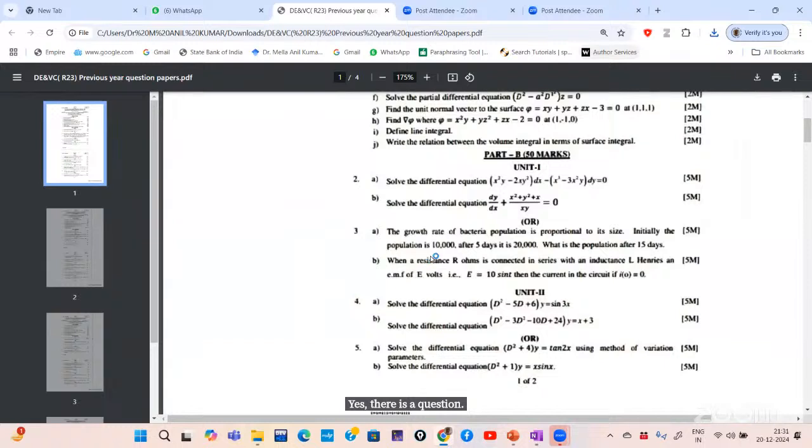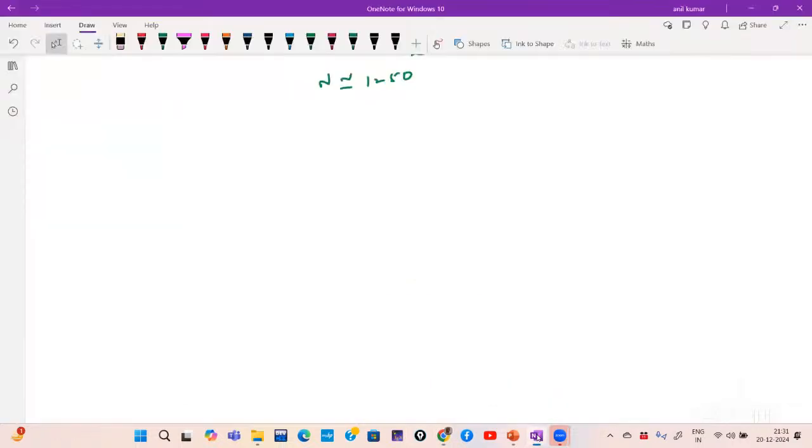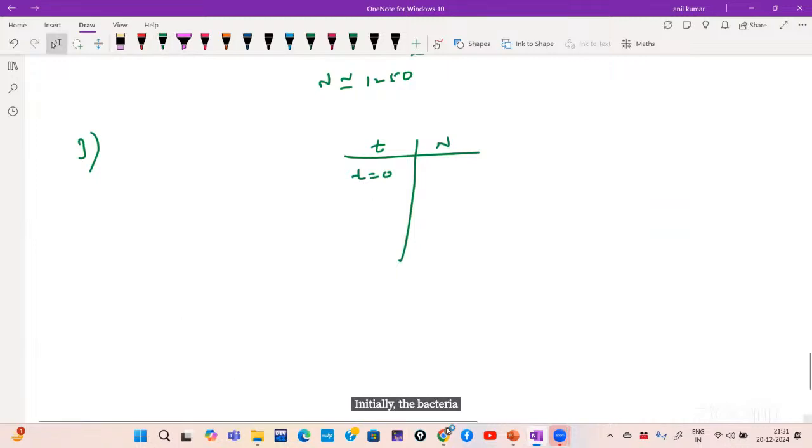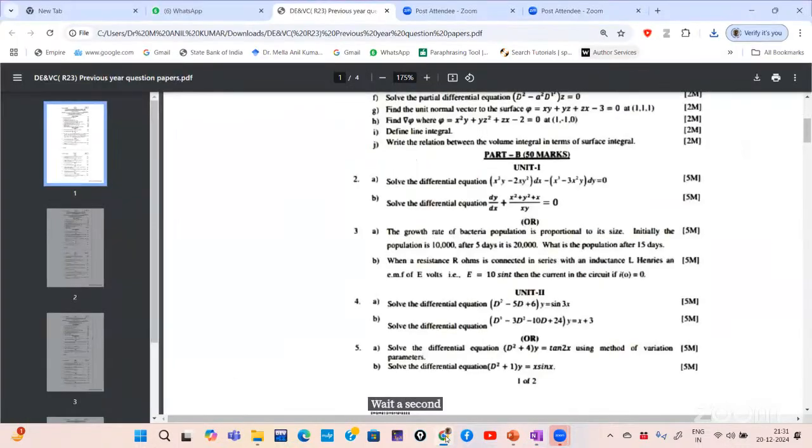Initially, the bacteria population is 10,000. After 5 days, 20,000.